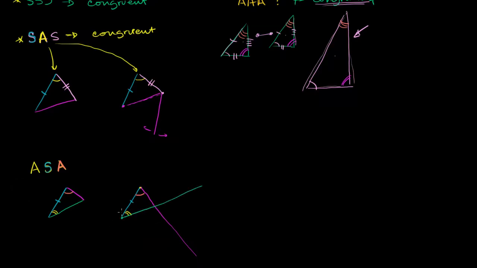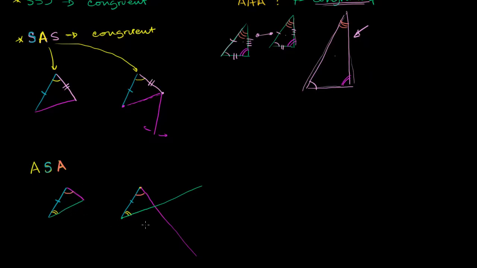Well, once again, there's only one triangle that can be formed this way. We can say all day that this length could be as long as we want or as short as we want, and this one too. But the only way that they can actually touch each other and form a triangle and have these two angles is if they are the exact same length as these two sides right over here. So this side will have to be the same as that side, and this would have to be the same as that side.